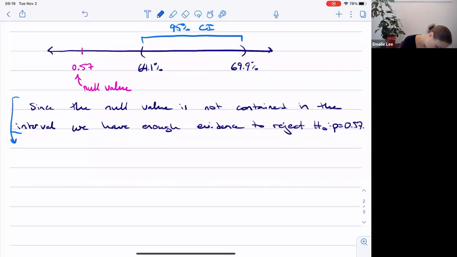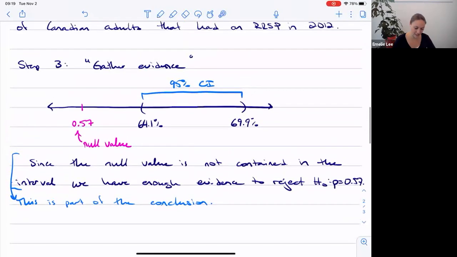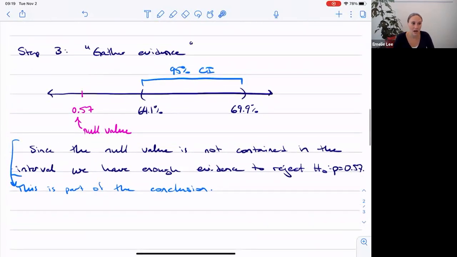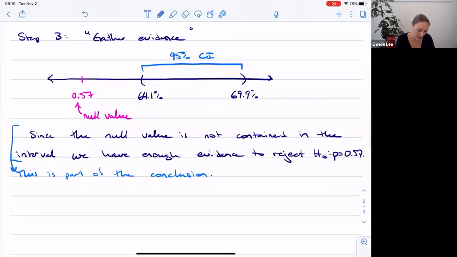So this is part of the conclusion, right? It just didn't look like we had much in this section for step 3, if I didn't say it, right? But here we're outlining why that is, why we have gather evidence. So why we have evidence against H naught.